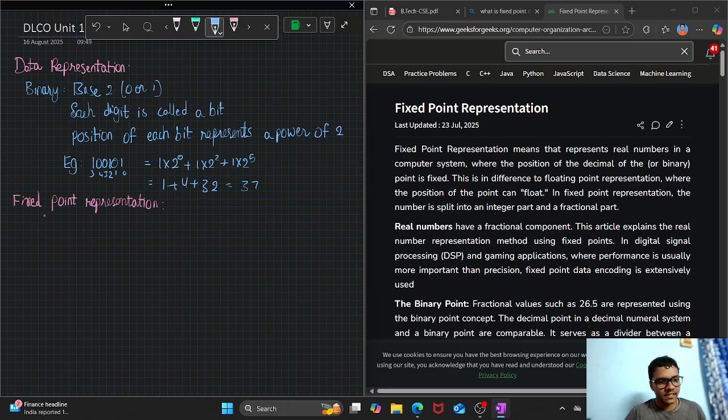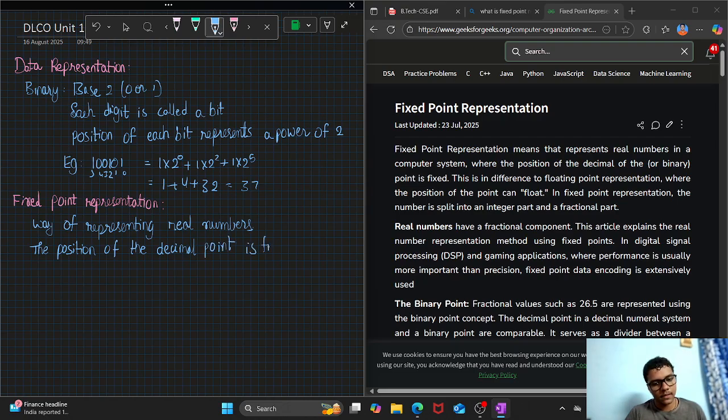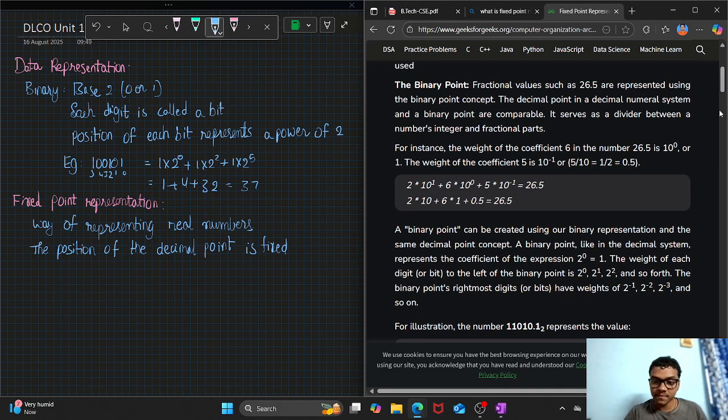So fixed point representation is basically a way of representing real numbers. The position of the decimal point of the binary is fixed. That's what it means, right?